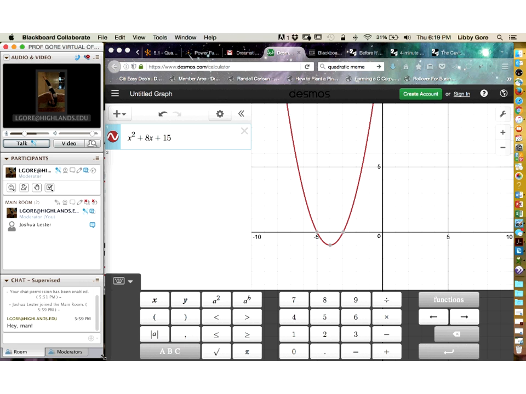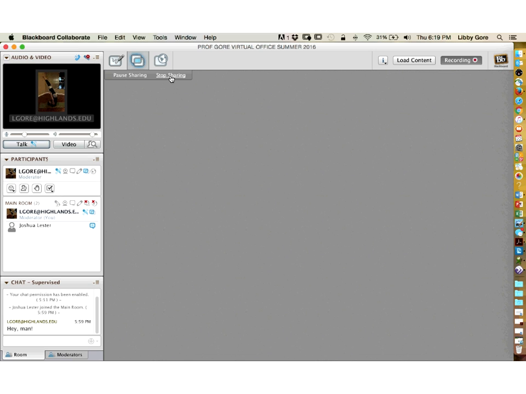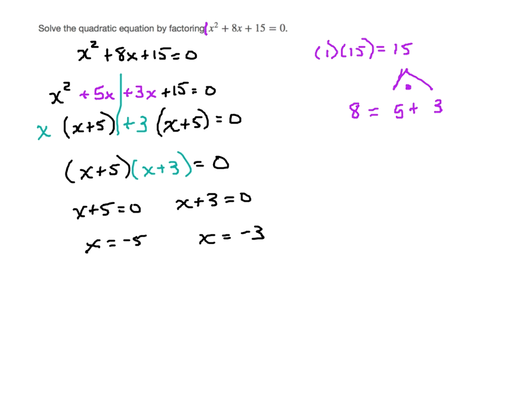So if we go back to our problem, you'll notice that we would normally see f of x right here, or y. But because it's an equation, we set it equal to 0.